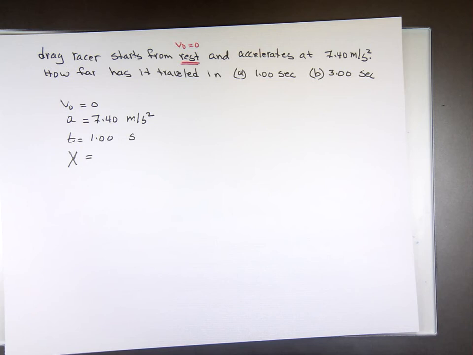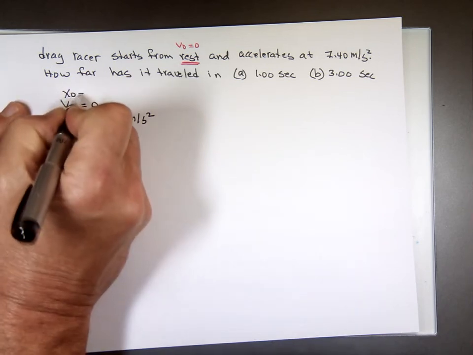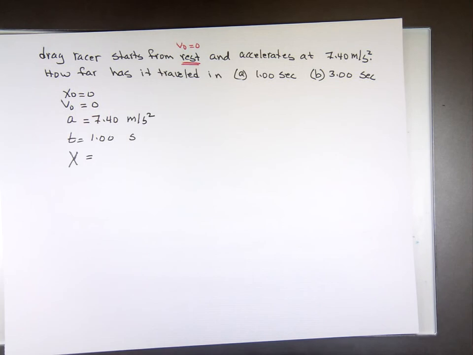Now, when we ask how far did it travel, if you were to measure that distance, where do you start? Don't you start from where the car starts? So that's your initial position, the 0. That's your reference. You're going to measure the distance from that. That becomes your 0. Let me bring my 4 equations down.